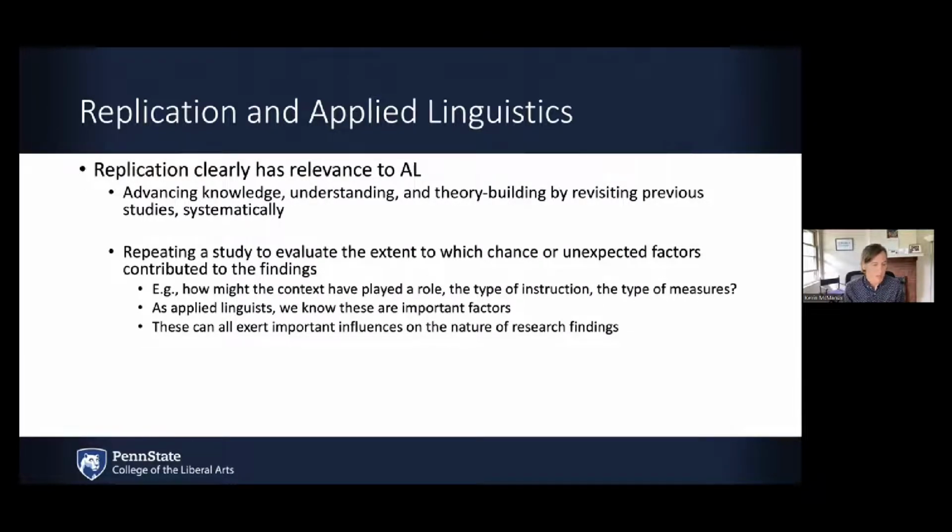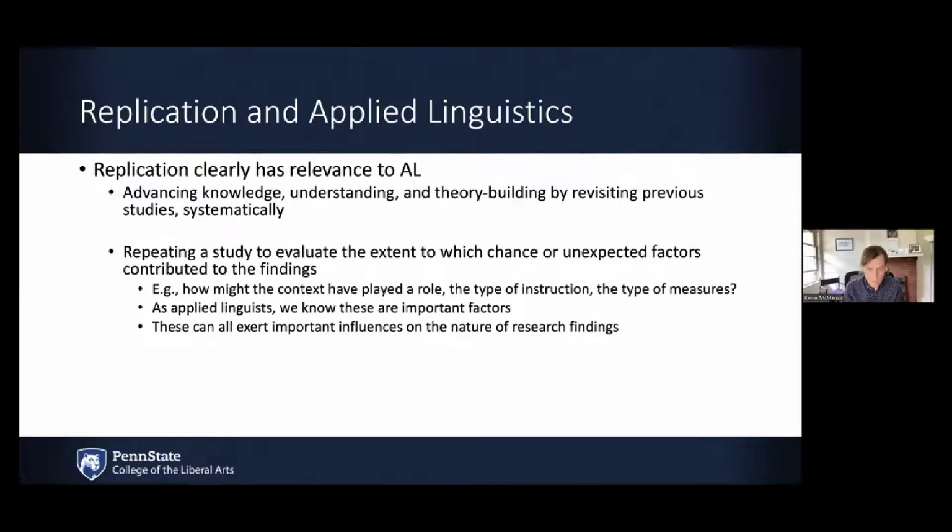So for example, in the department that I work in, in the research that I'm reading, we're really interested in how context plays a role. We're really interested in how differences in the type of instruction influence learning. We're also interested in to what extent the nature of the conclusions depends on how the analyses were conducted or the types of measures used.